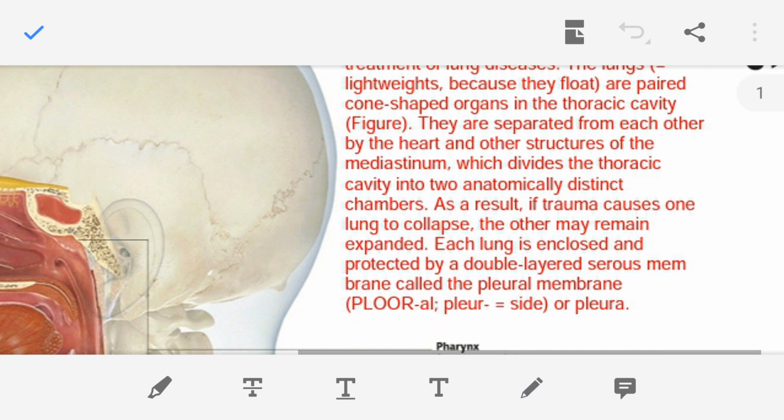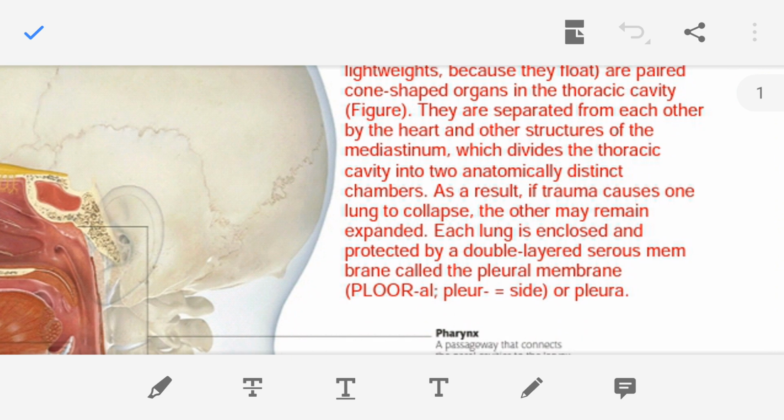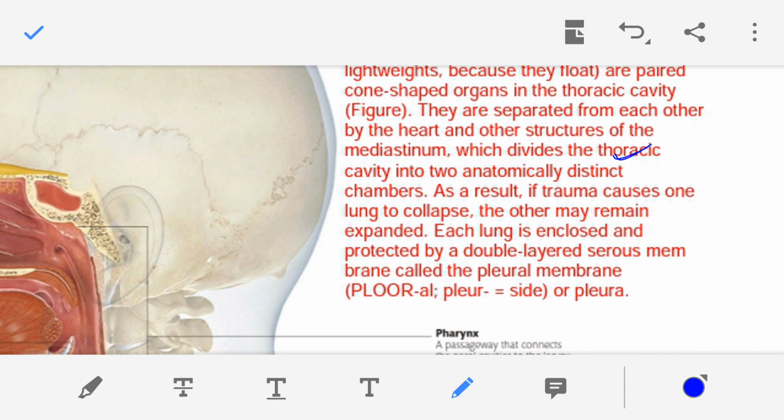Now the thoracic cavity in which the two lungs are present is anatomically divided into two distinct chambers, and in each chamber one lung is present.